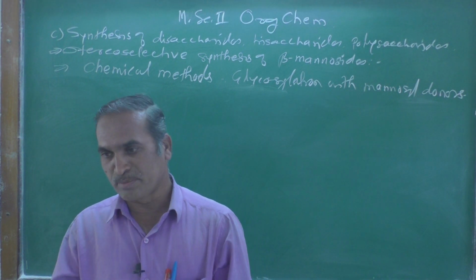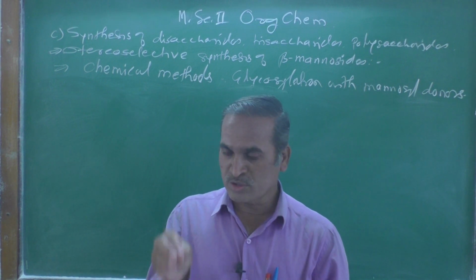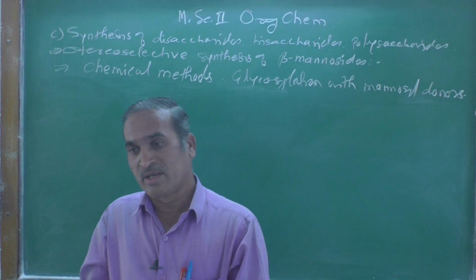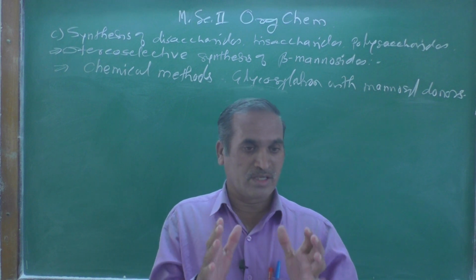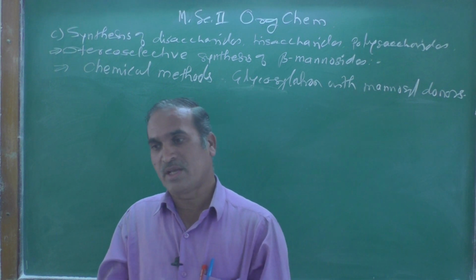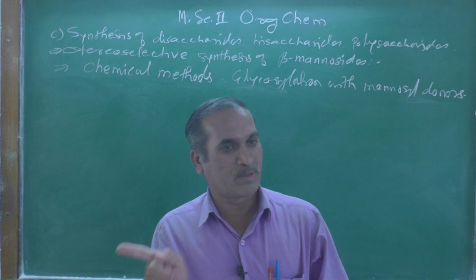The resulting compound is formed generally as a beta mannoside, selectively. As we know, when a carbohydrate compound forms a ring, a mixture of alpha and beta compounds is obtained.